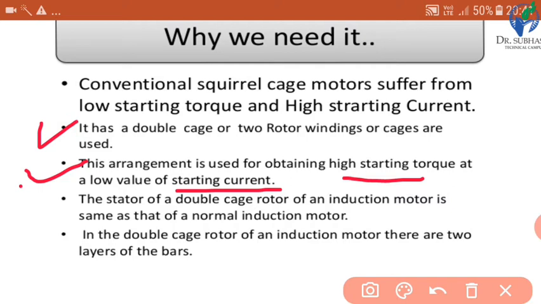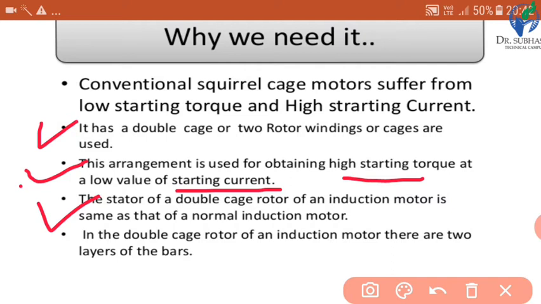The stator of a double cage induction motor is the same as that of a normal induction motor. It means its cage is the same as the squirrel cage used in a normal induction motor. In the double cage rotor of an induction motor, there are two layers of bars.